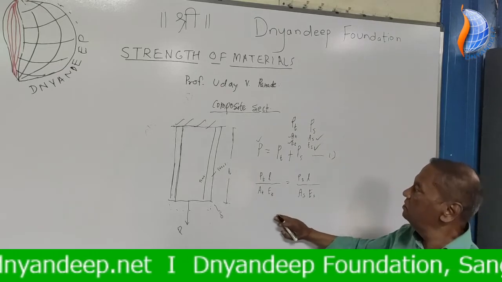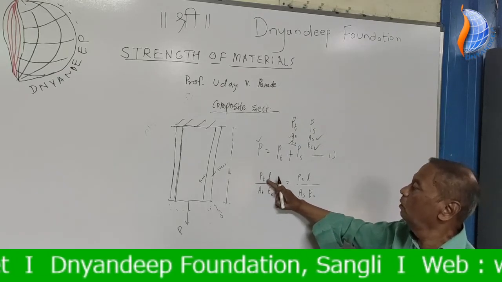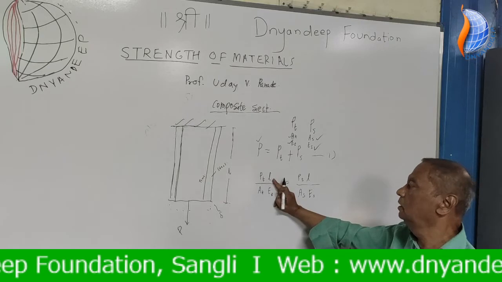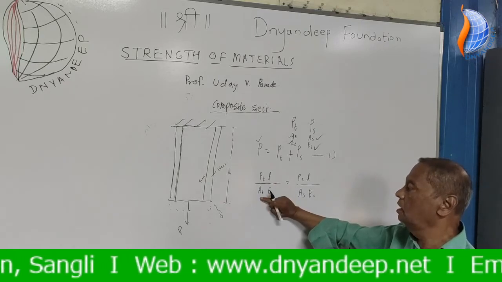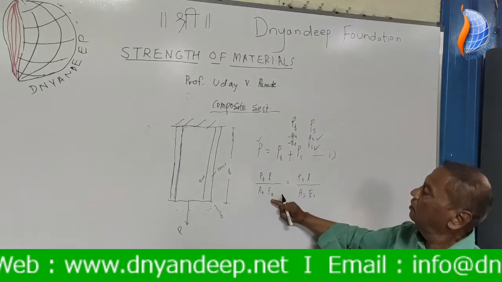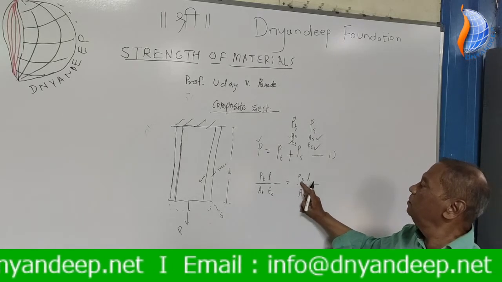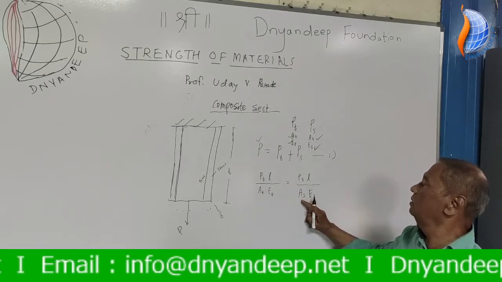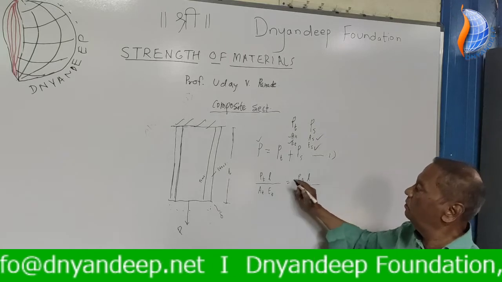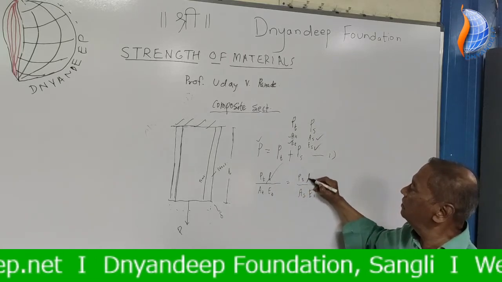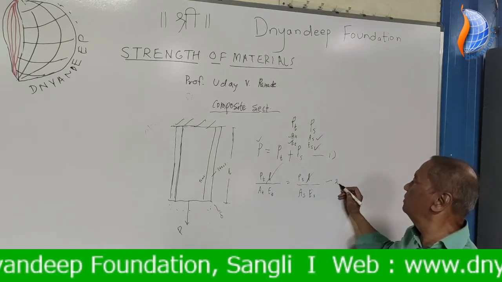Now again understand: load taken by timber, total length, area of cross section of timber, E for timber, P for steel, A for steel, E for steel, and L is common. Out of that, L gets cancelled. So this is the second equation.